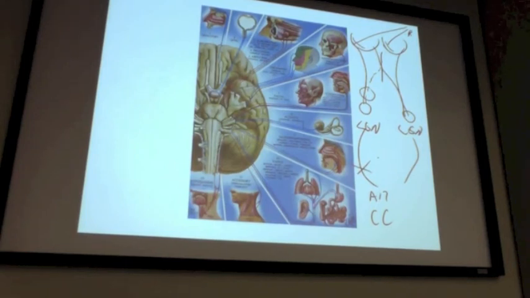So if I don't have anything on the diagram, everything else is the third cranial nerve.